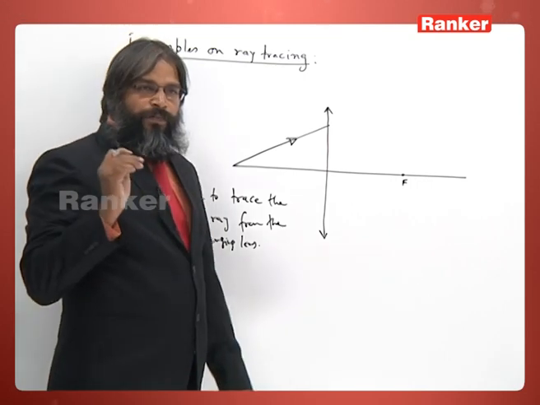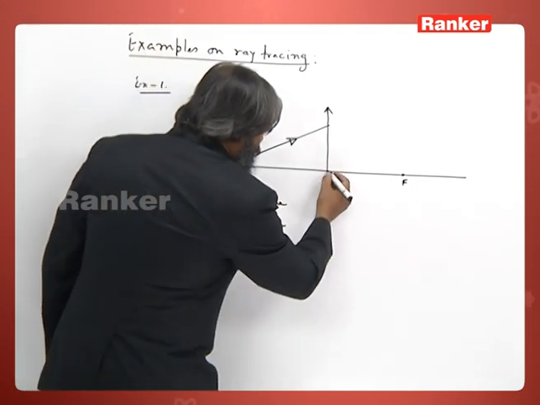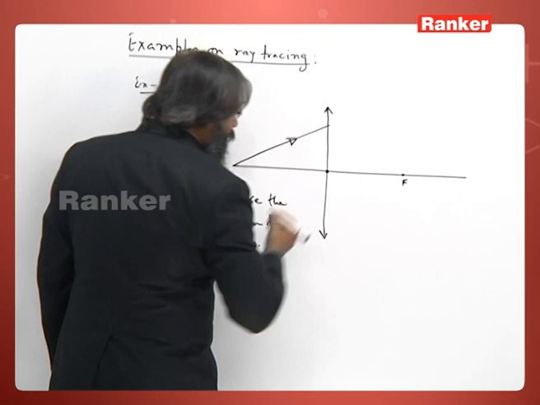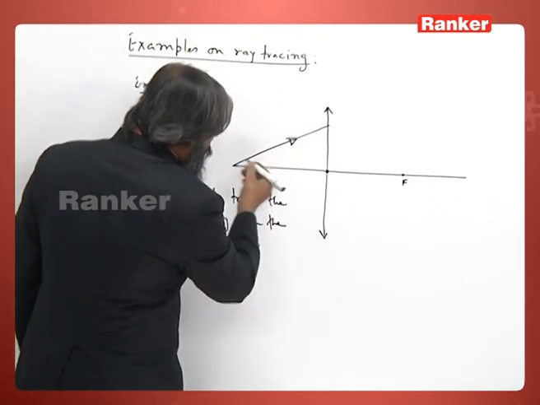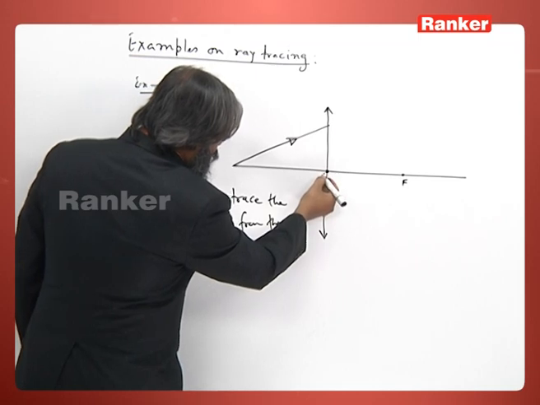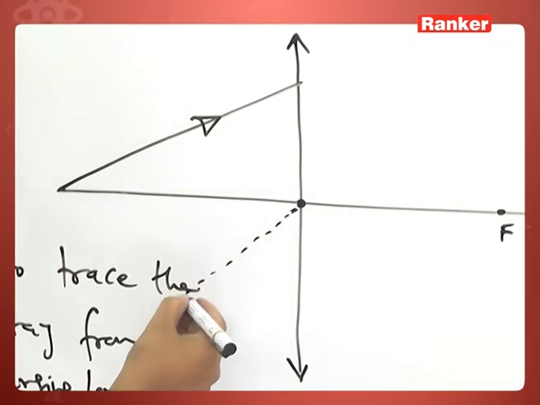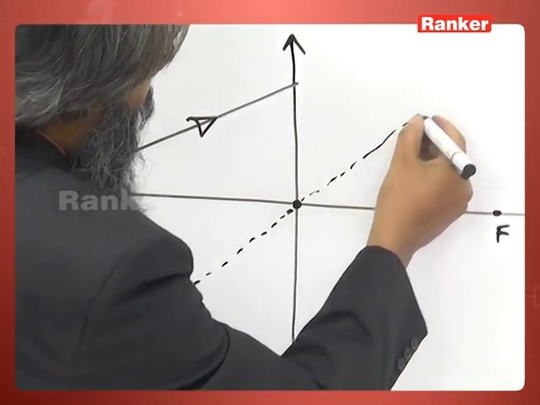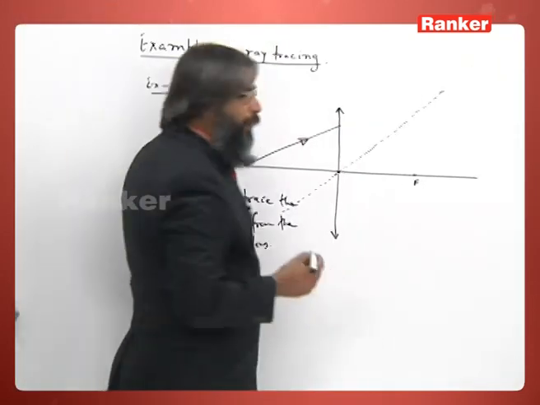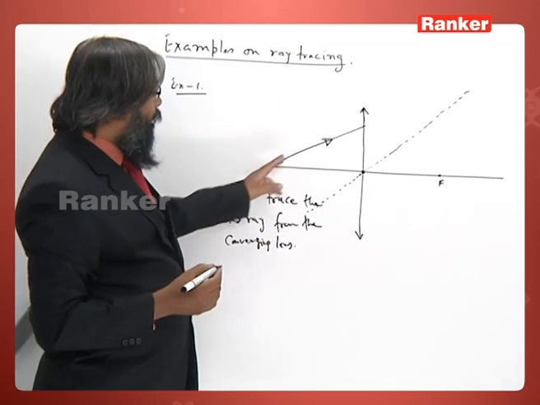So what we do, this is the optical center. We draw a line parallel to this from the optical center. This line is going to pass undeviated. So my first property is to draw a line.